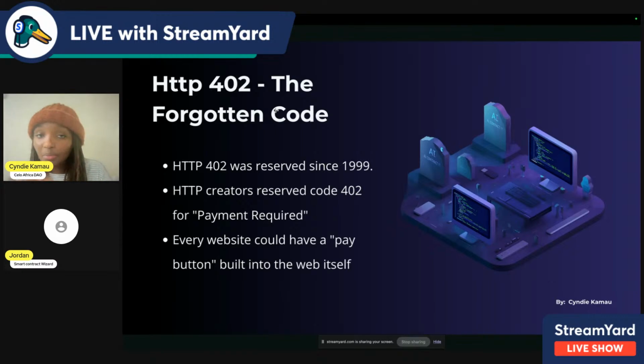But it was reserved because these guys had a vision that e-commerce is coming, websites are going to be big, websites are going to be dealing with money, you're going to be paying if you want to access an article, you're going to pay per page. So many things. They had envisioned a future for digital money, but not the one that we have right now. So that's why it was rendered irrelevant for so many years, I think around 20 years before right now, right?